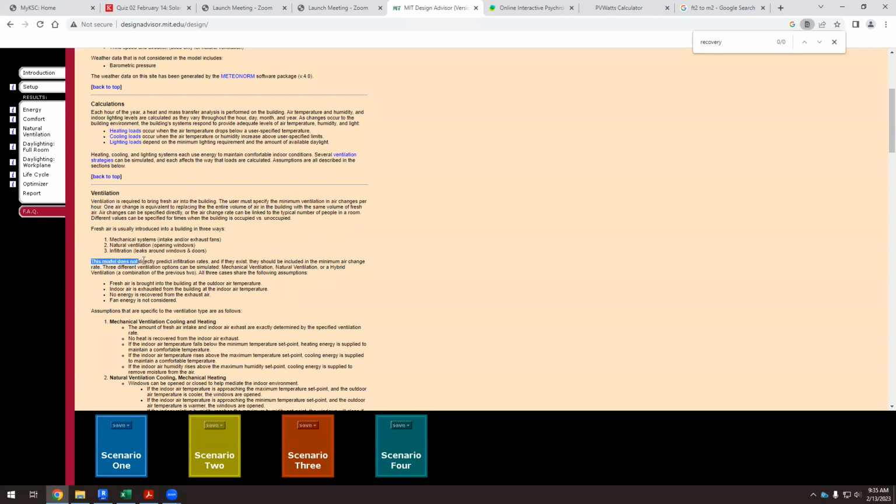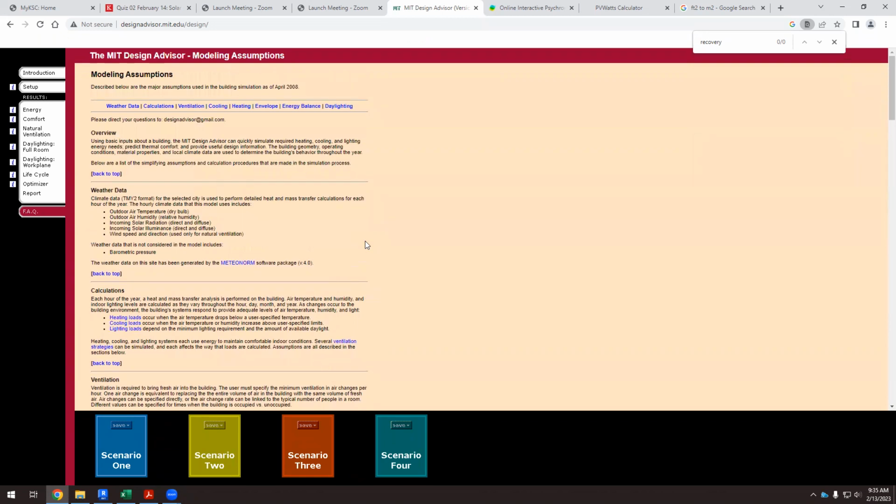The model does not directly predict infiltration rates, and fresh air is brought to the building. No energy is recovered from the exhaust air. Okay, so yeah, we have to read this. It's very tiny. They don't assume heat recovery, so they don't consider heat recovery.